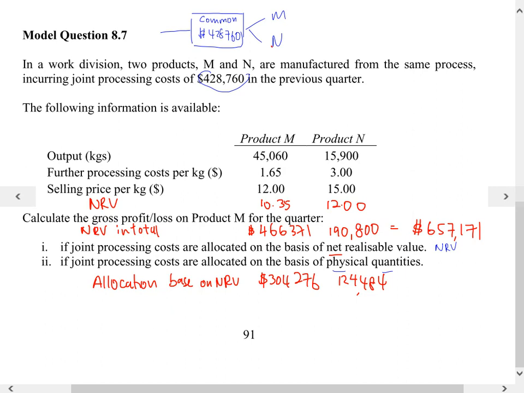You know what this is or not? Your NRV, right? So, based on this one, our cost of 428,760 will be allocated to M and N based on their NRV. So we have calculated NRV is 466,190. So allocate based on this proportion.